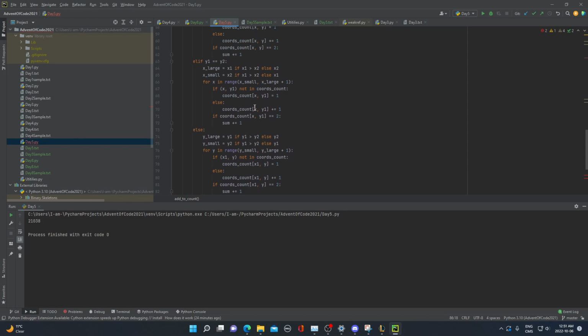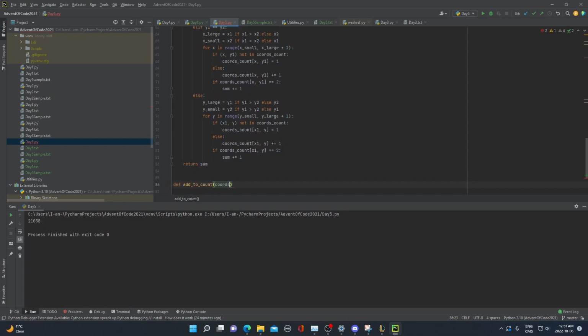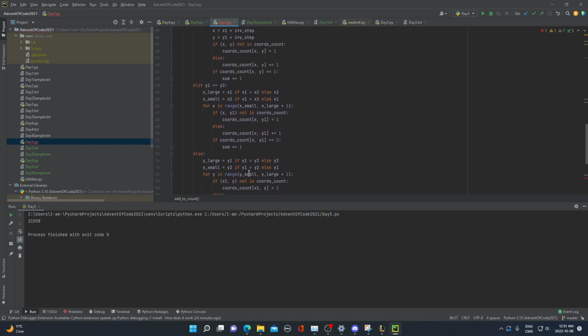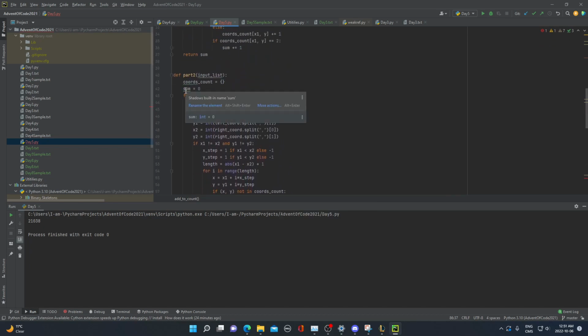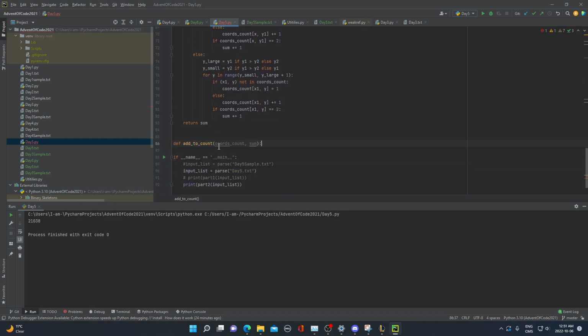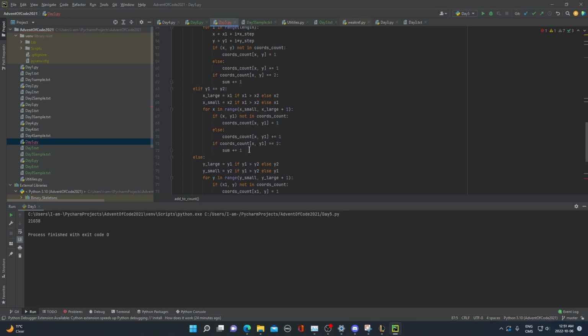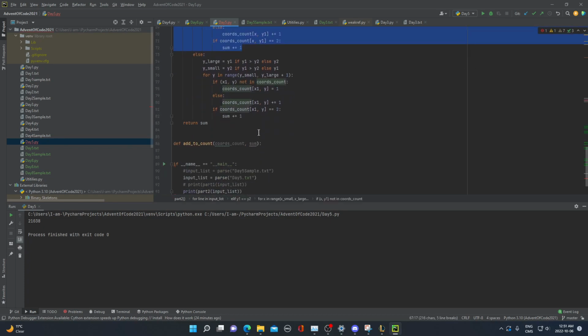And we can take in coords count and sum, and x and y.